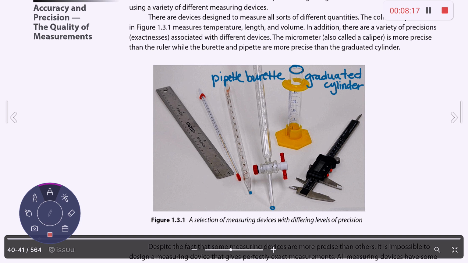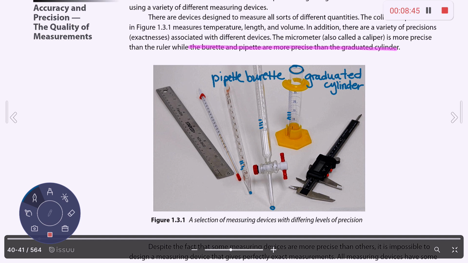So here it says that the burette and pipette are more precise than the graduated cylinder. So we could relate that to the size of their opening. Also, the division sizes on them, which are indicated by these individual tick marks, also help us decide how precise a measurement will be, and I'm going to teach you that today, okay?